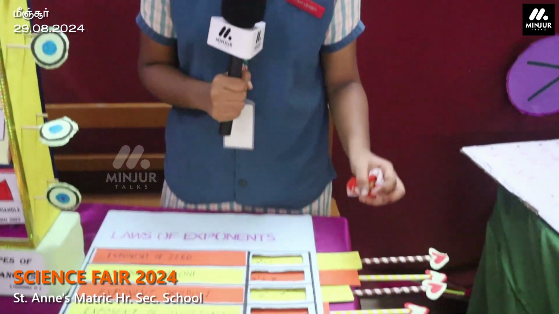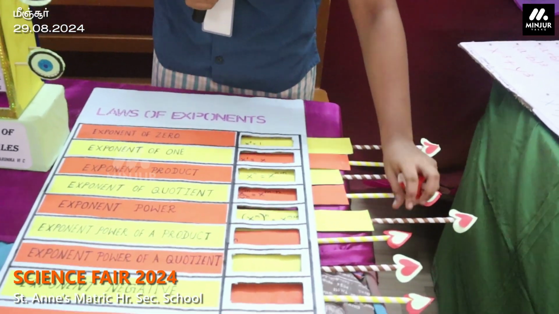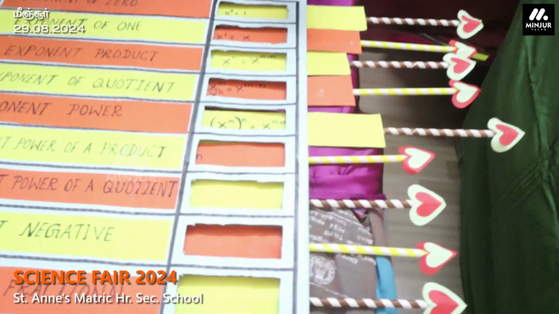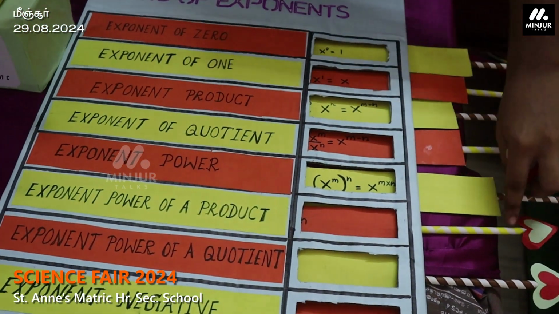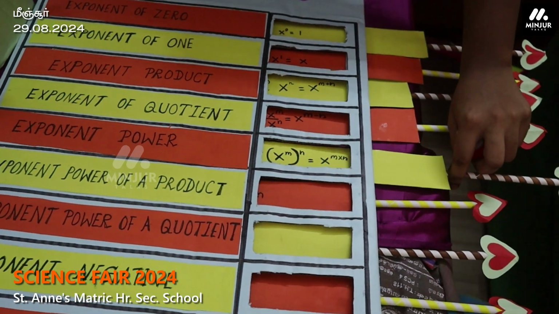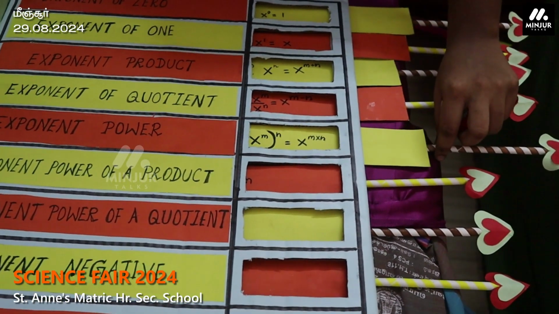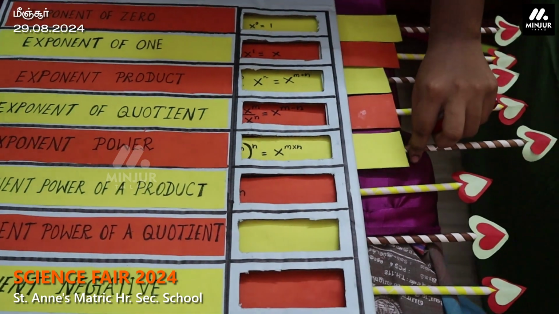Exponent of power. When raising a power to a new power, multiply the powers and keep the base the same. For example, x power m whole power n is equal to x power m into n.